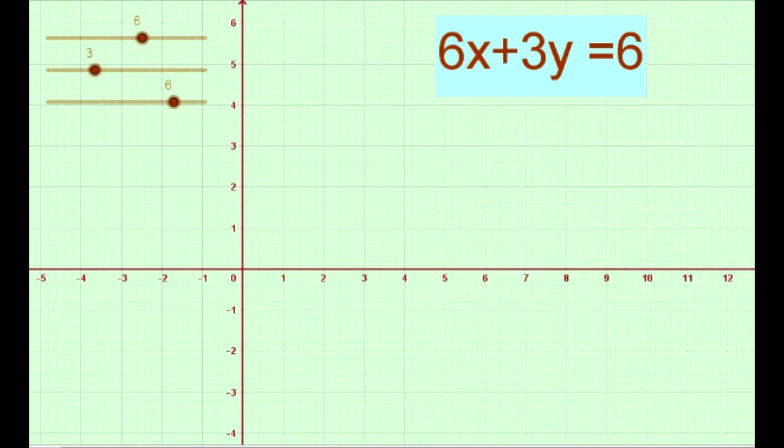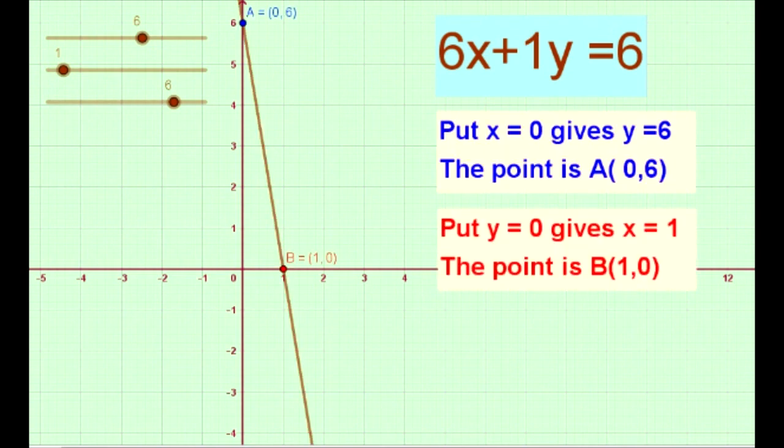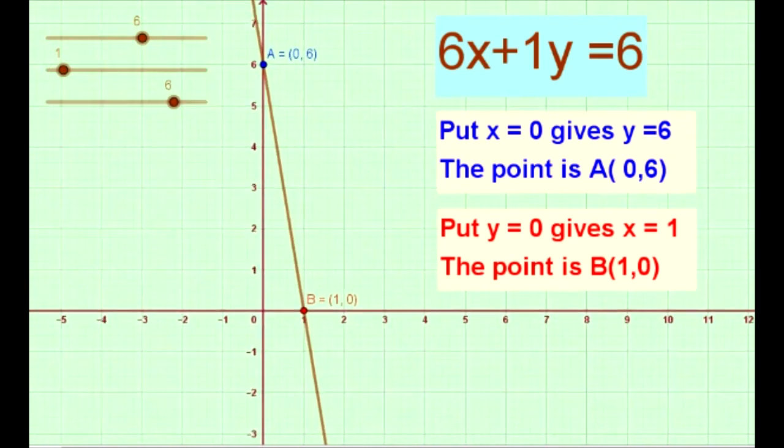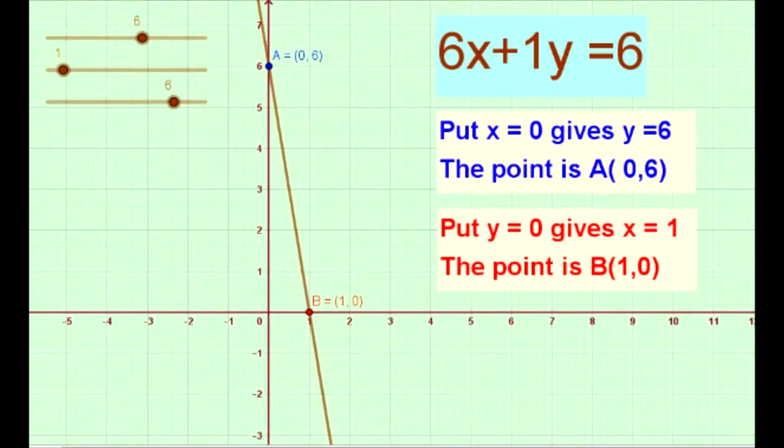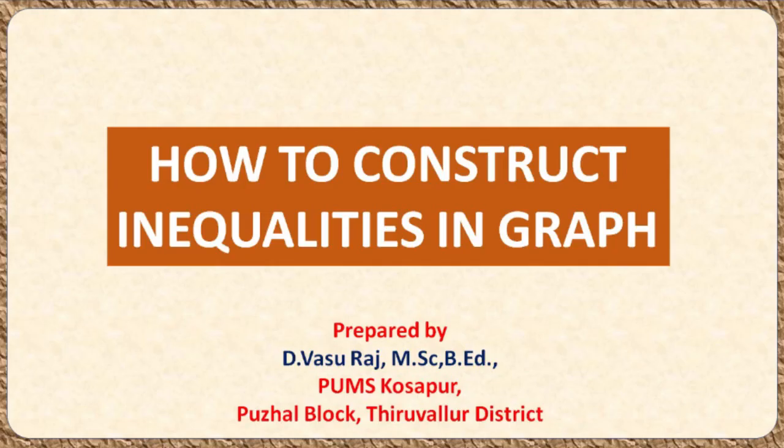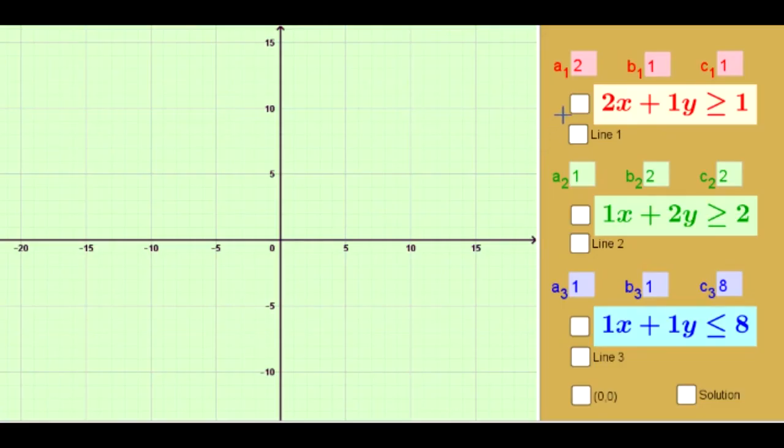Next, let us change the line to 6x plus y is equal to 6. Again, by putting x equal to 0 and y equal to 0, you get the points A (0, 6) and B (1, 0).